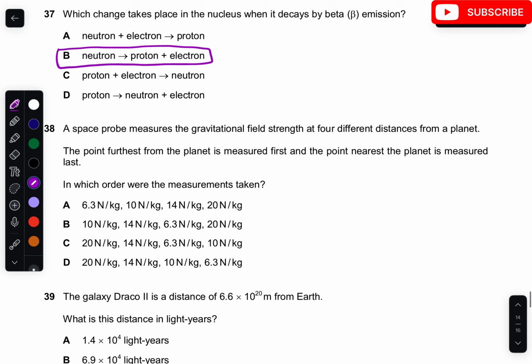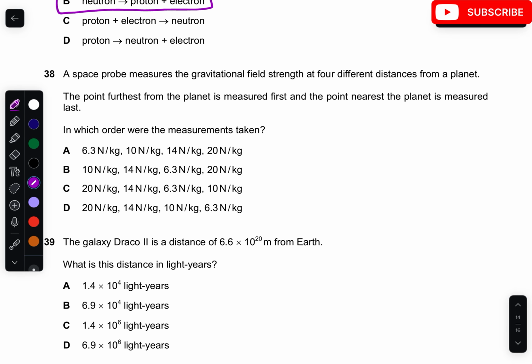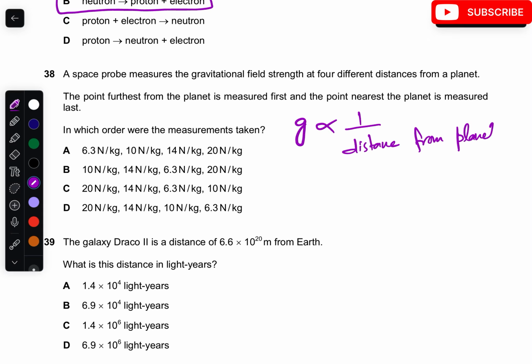Okay. In question 38, a space probe measures the gravitational field strength at different distances from a planet. The point furthest from the planet is made first and the point nearest to the planet is made last. Which order were the measurements taken? So what you need to keep in mind, gravitational field strength g is inversely proportional to the distance from the planet.